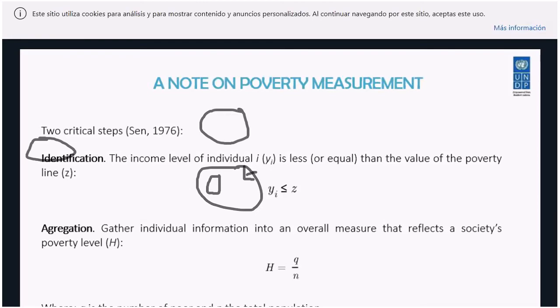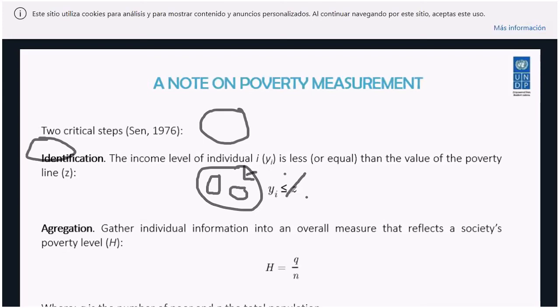And N is the size of the population, the total population of a country, right? So if we divide the total number of poor by the total population, we will have a share, right? So that is our very basic poverty index.